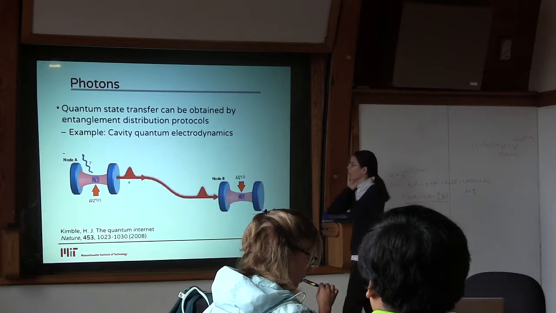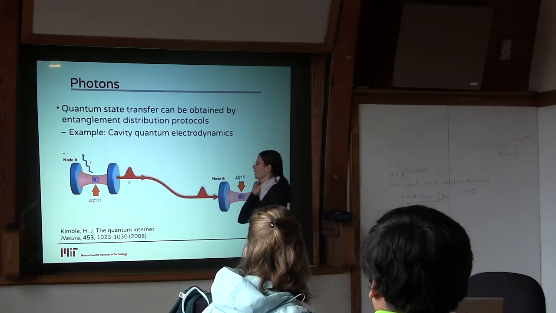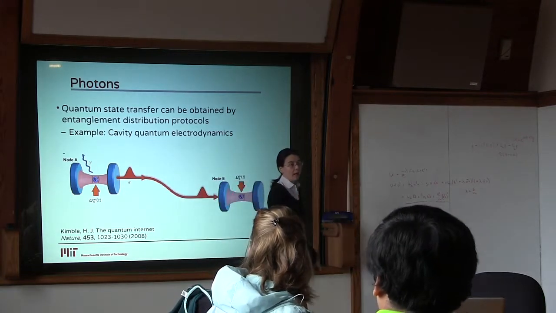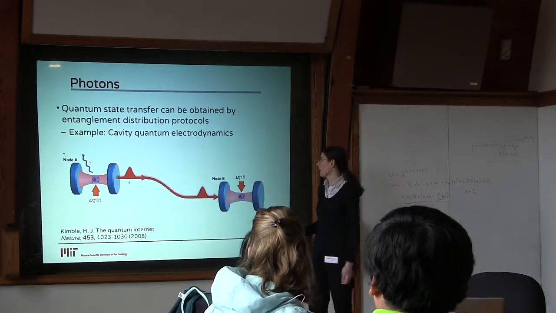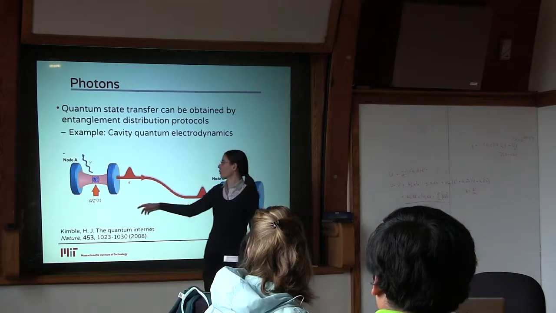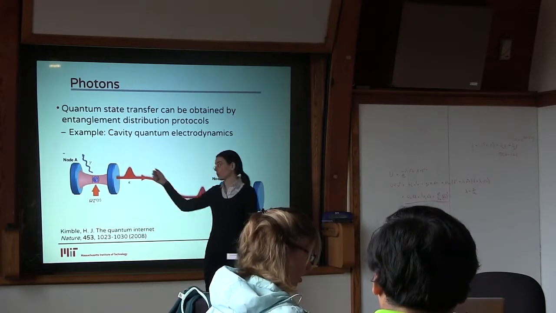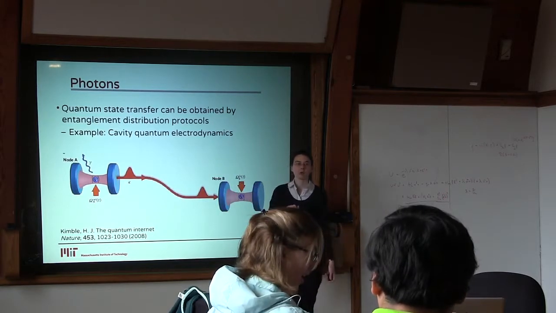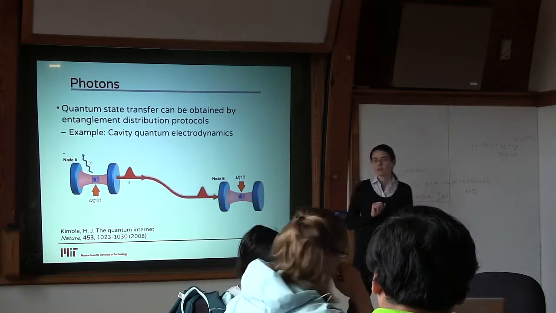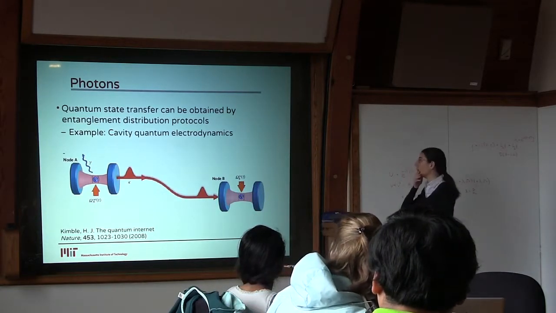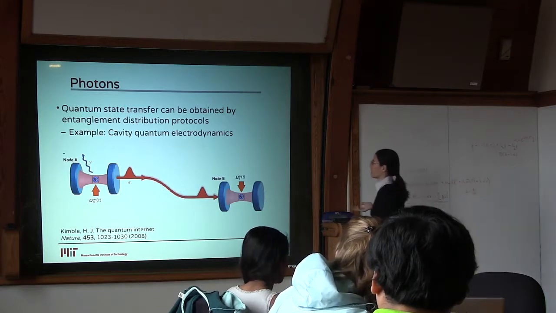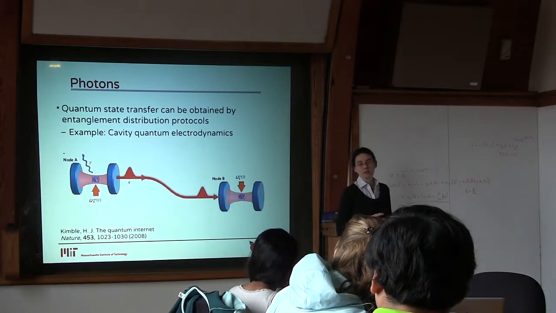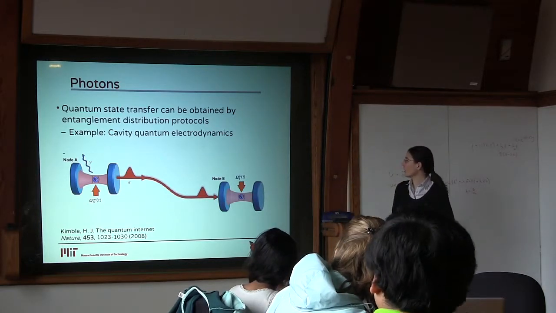So we can create a coupling between photons and, for example, an atom inside a cavity, and then use control to transfer this information, encoded now in the photon, into another cavity where that information is mapped onto a second atom. So the idea is very simple, and it's based on cavity quantum electrodynamics techniques using the Hamiltonian.